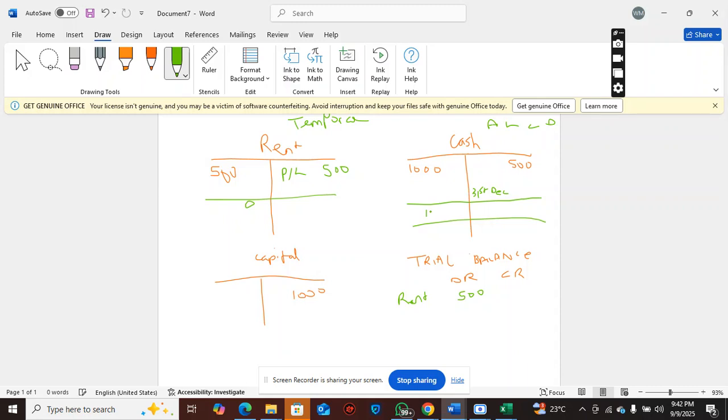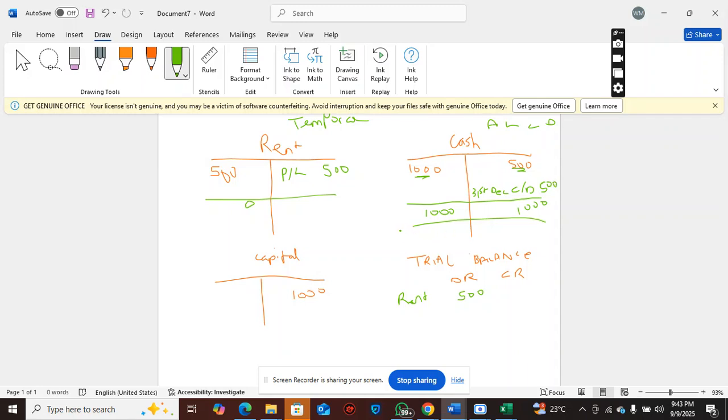So this 1000, you put it here, and you also put 1000 here. Then at the end of the year, 31st December, balance carried down. You're just going to say 1000 minus 500, you get 500. So the balance carried down is 500.